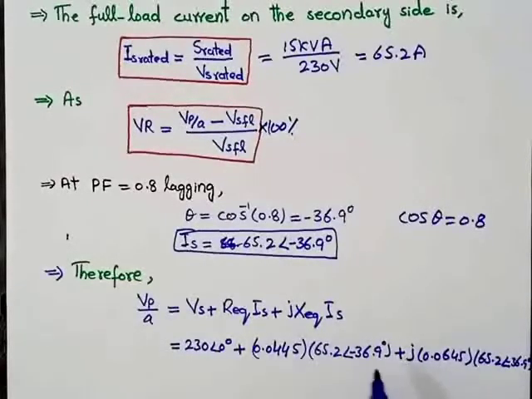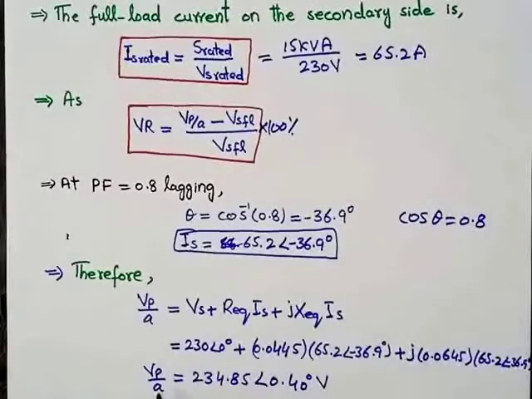After solving this equation, we get the value of Vp over A is equal to 234.85 angle of 0.40 degree volt. So this is the no load voltage at 0.8 lagging power factor.